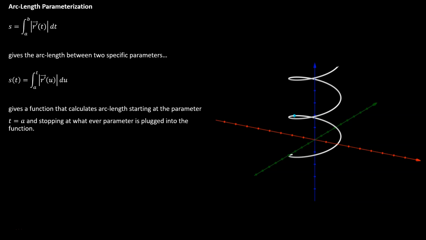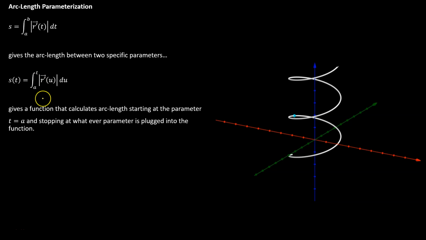We know that arc length is calculated by this integral equal to s. But if we were to adjust the bounds just a little bit, instead of integrating from values t equals a to t equals b, maybe we pick a starting point at a and we allow the upper bound t to be a parameter that moves.